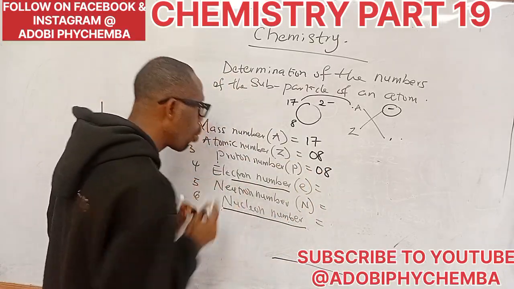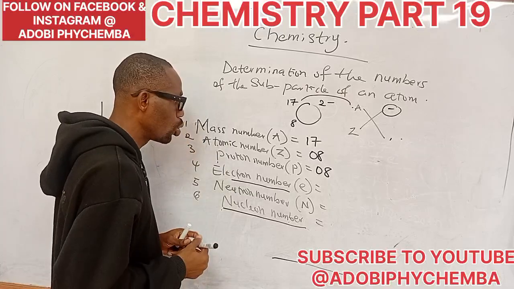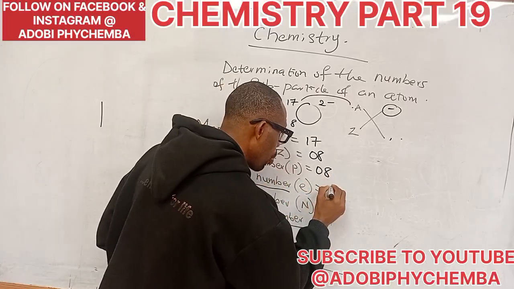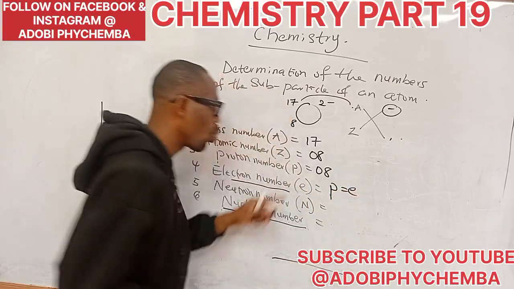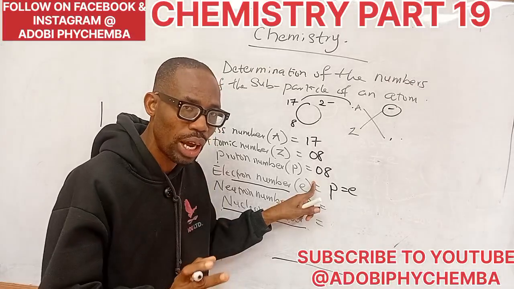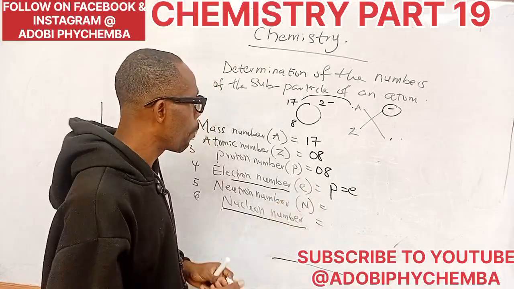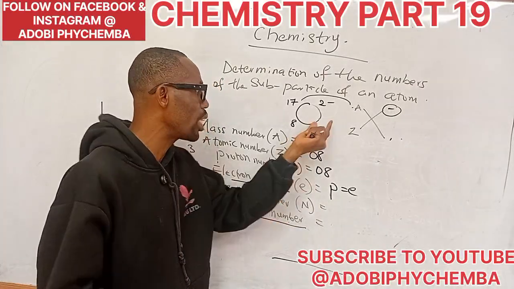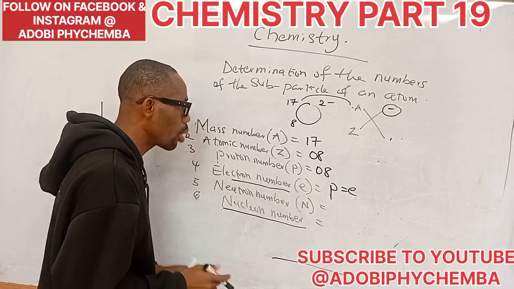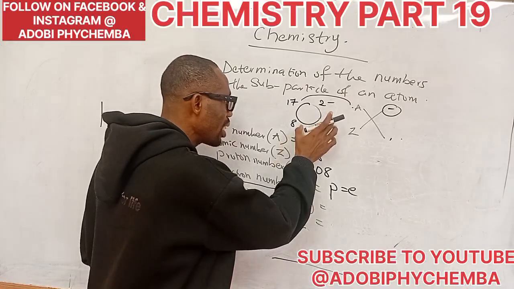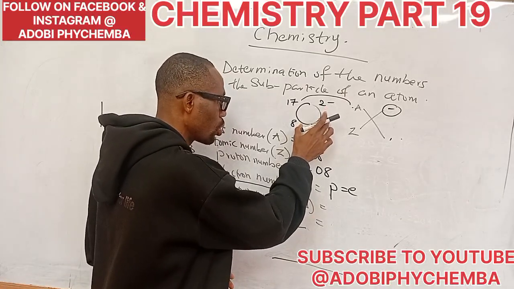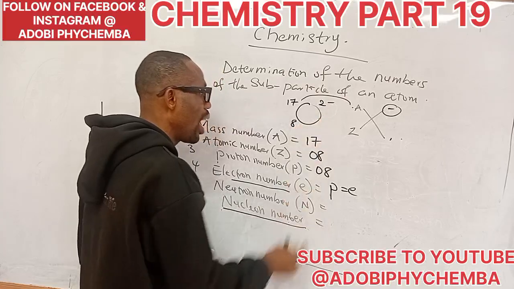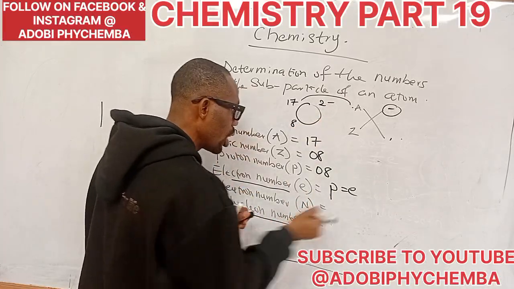Now, the electron number. Don't forget what I told you, that according to this formula, proton is equal to electron when the atom is electrically neutral. Do you understand what I'm saying now? But in this case, this is an ion, and there is something you need to understand. This ion is an anion, and it cannot be equal.